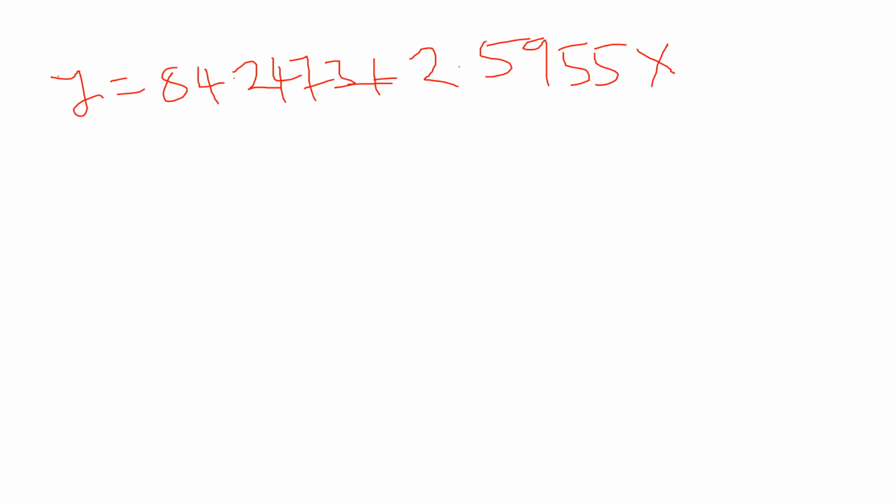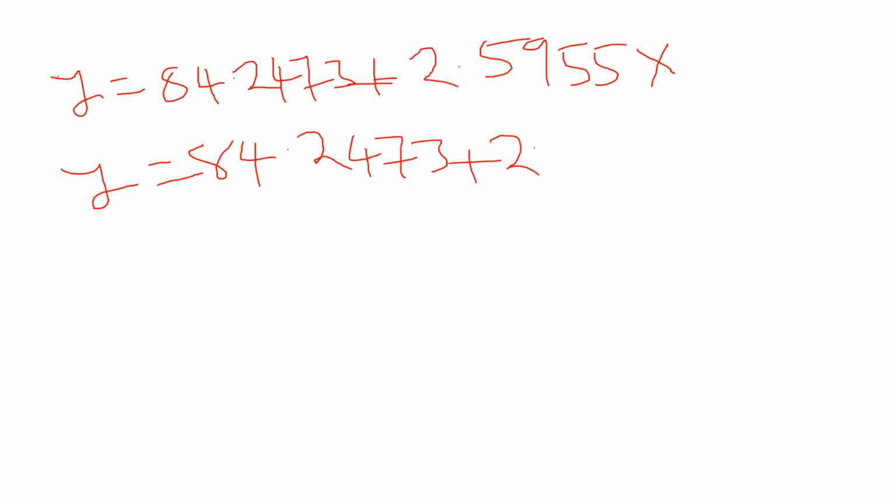So now we can approximate the total revenue when the advertisement cost is equivalent to 30,000. What we need is to substitute where we have x with 30. So the revenue will be equivalent to 84.2473 added to 2.5955, then here we multiply by 30.